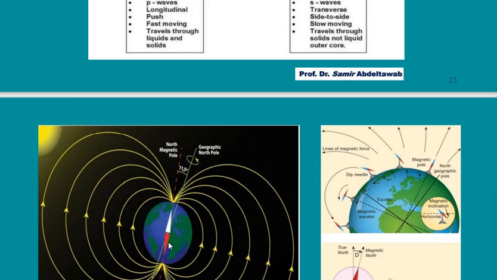If I have a compass and I put it on my desk, it will point to a direction. This direction is not the true north. If you look at the map, our north is in the direction of the north of the sea, on top of Egypt, the north of Egypt.